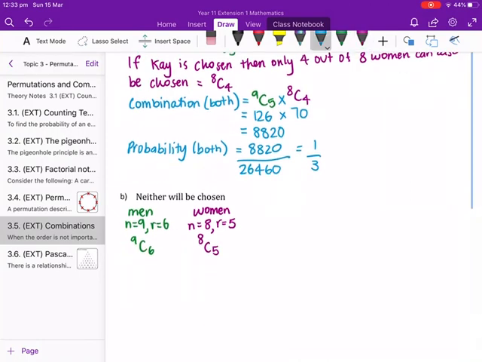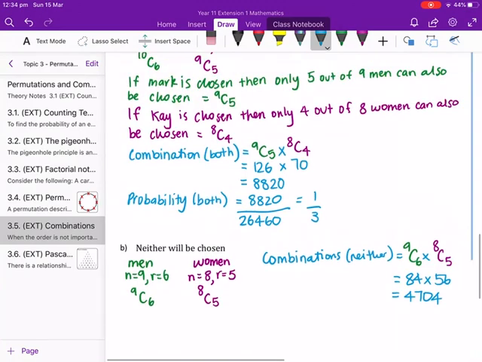So to find the number of combinations for this, the number of combinations for neither equals our 9 choose 6 times our 8 choose 5, which equals our 84 times 56, so that is 4,704.